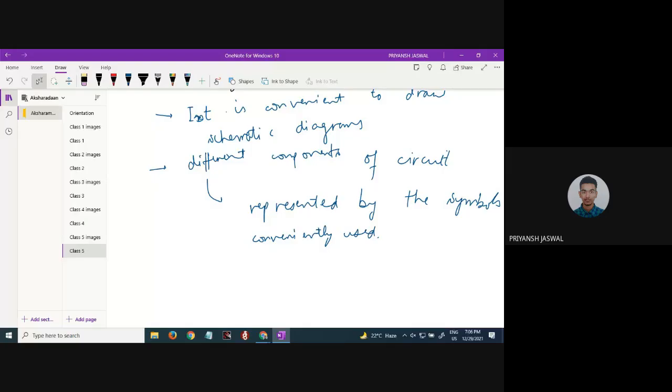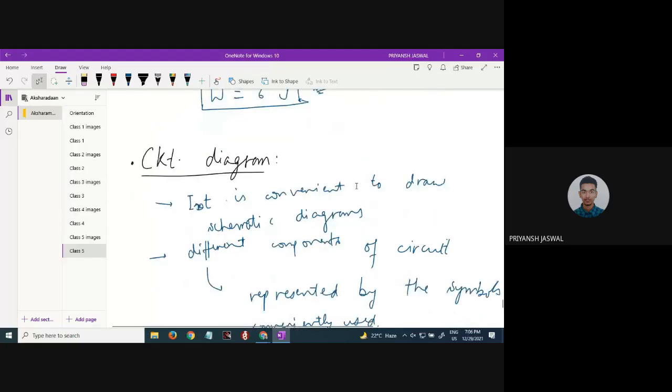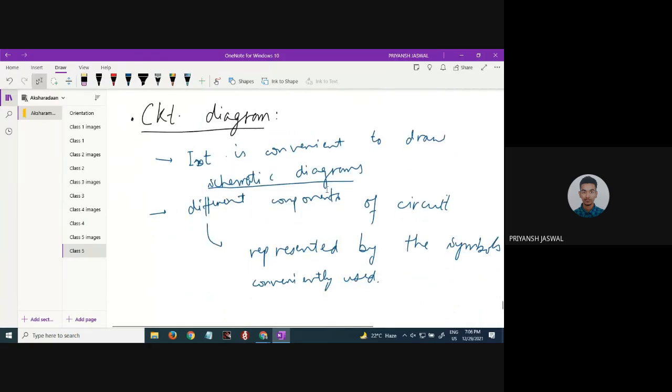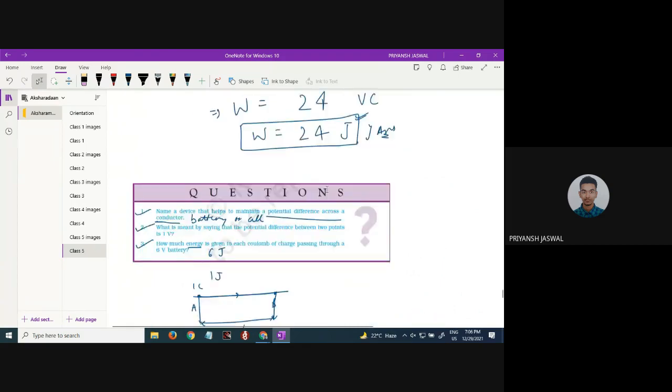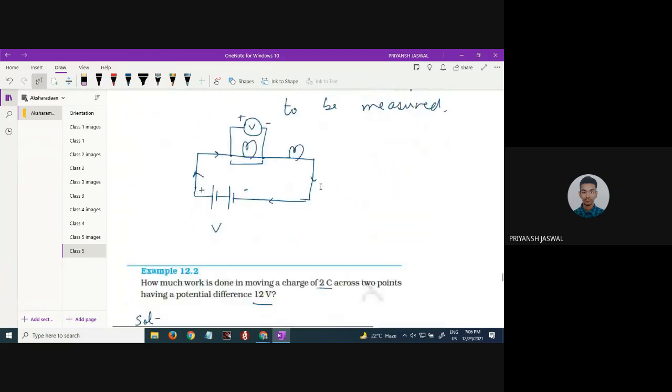So what it means is that we use schematic diagrams, that is, we use symbols instead of the actual picture of the electrical components. Like here we have been using this symbol for an electric bulb. This is not the picture of the exact bulb, but this is the symbol for it.